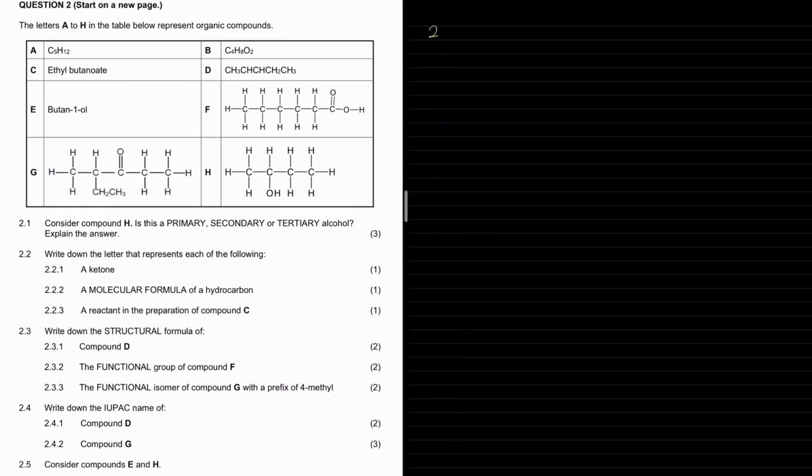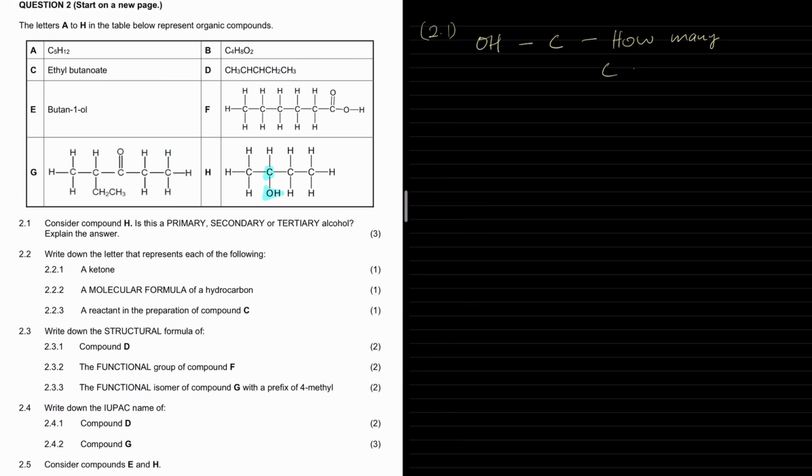And explain our answer. So 2.1, we want to make sure that when we are identifying a primary, secondary, or tertiary alcohol, we are looking for the OH, we are looking for the carbon that it's bonded to, and we are looking at how many carbons that carbon is bonded to. Okay, so in this case, there's my OH.